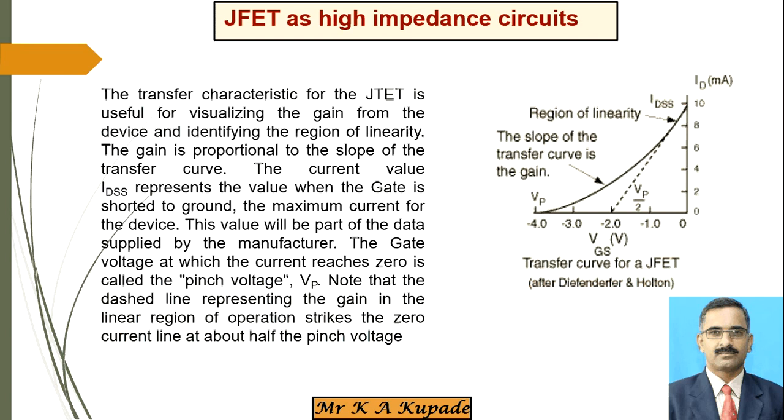Note that the dashed line in the figure, representing the gain in which the linear region of operation strikes the zero current line, is at about half of the pinch-off voltage. Remember that before reaching the pinch-off voltage, this zero current line is struck, and that is considered here.